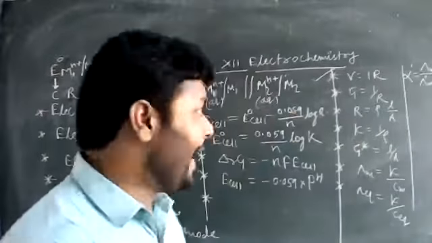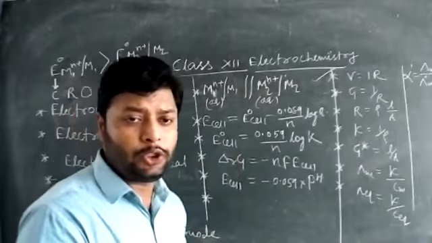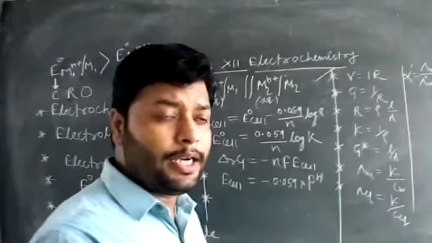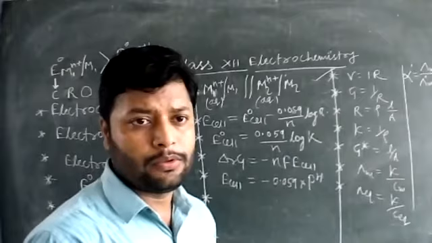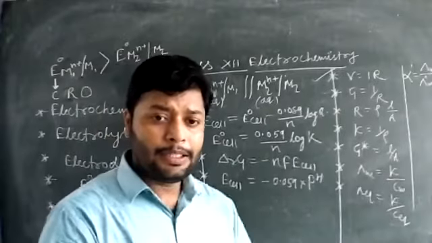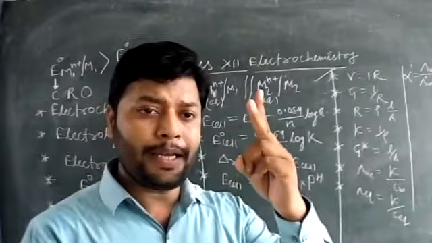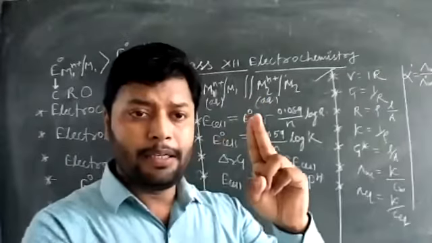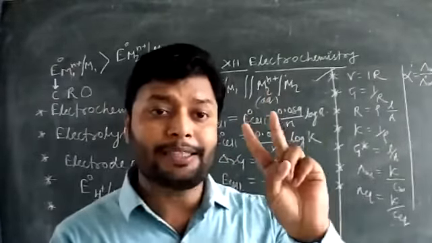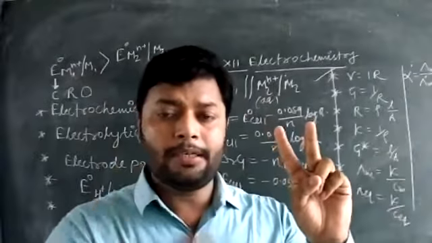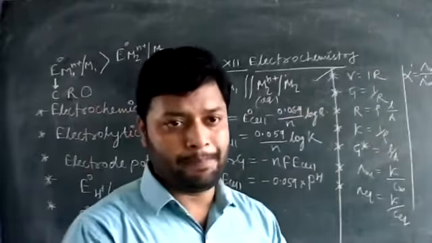So class, by using a strong electrolyte, we can also calculate the molar conductivity of a weak electrolyte. Always, the nature of ions and number of ions are similar. If the nature of ion and number of ion are the same, the conductivity reflected by them will also be the same.